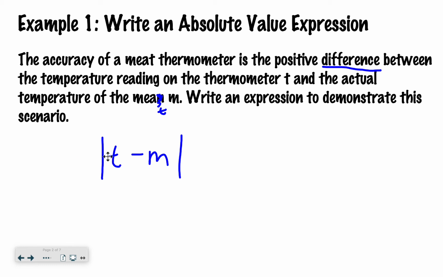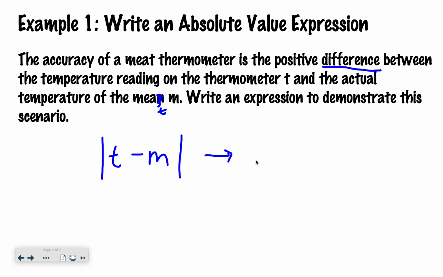I would say the thermometer reading minus the actual temperature, and that would give me the accuracy of the meat thermometer. Maybe it's 1 degree off, maybe it's half a degree off. I don't know, because I wasn't given numbers for this problem.